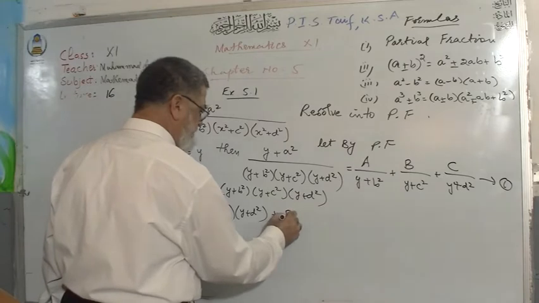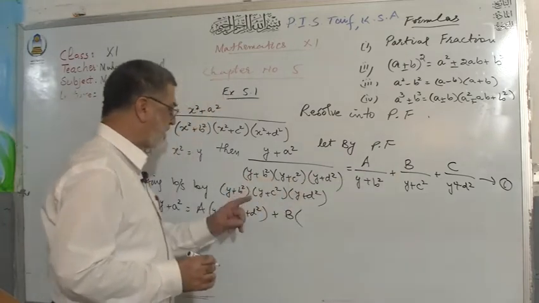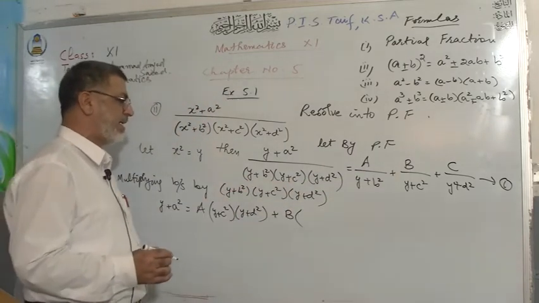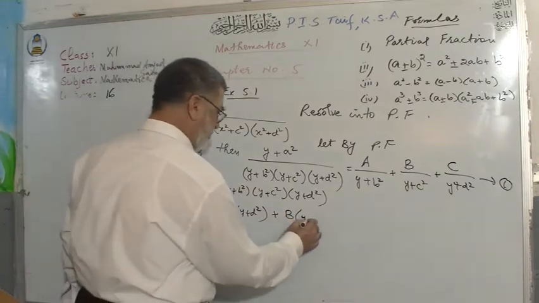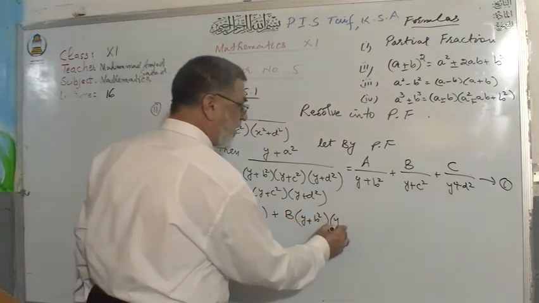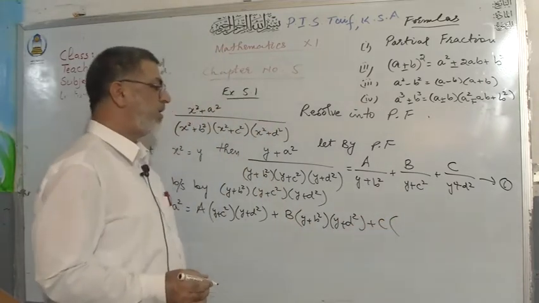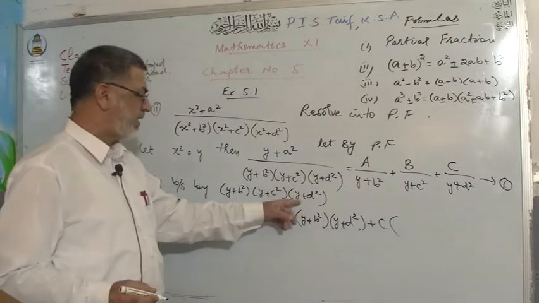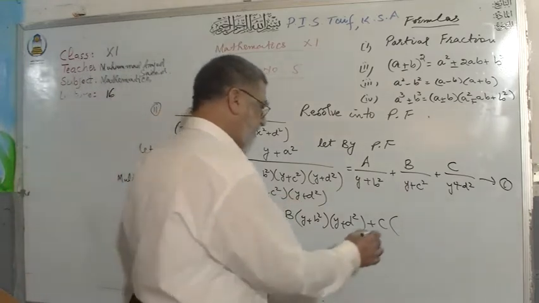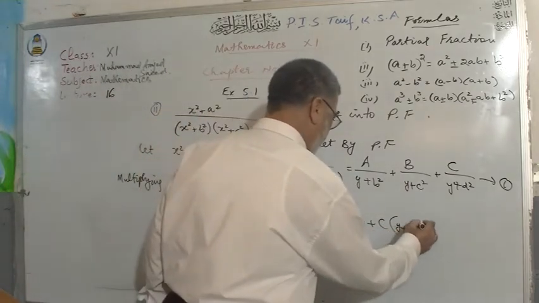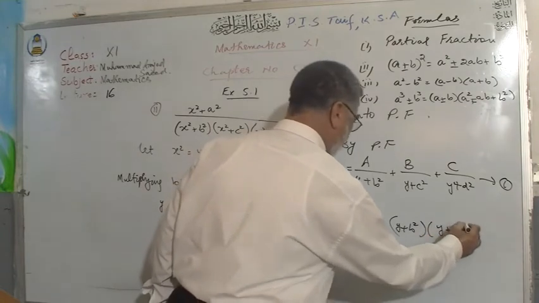Then plus B into y plus c square is cancelled out with y plus c square, and we have y plus b square into y plus d square. And plus C into y plus d square, this is cancelled out, and you are left with y plus b square into y plus c square.